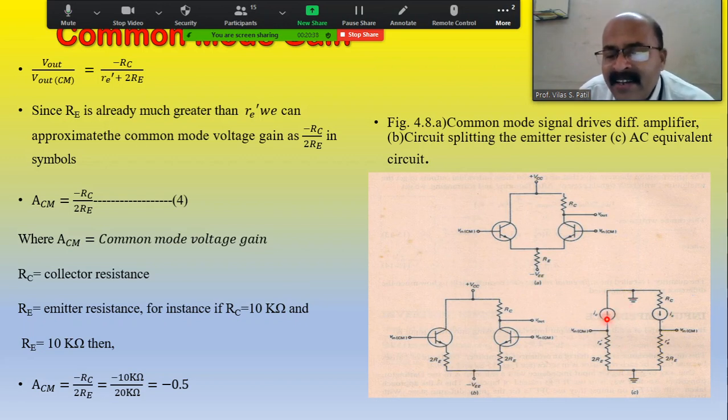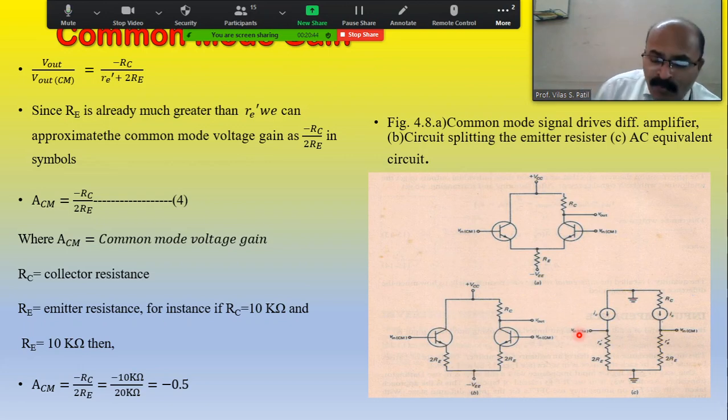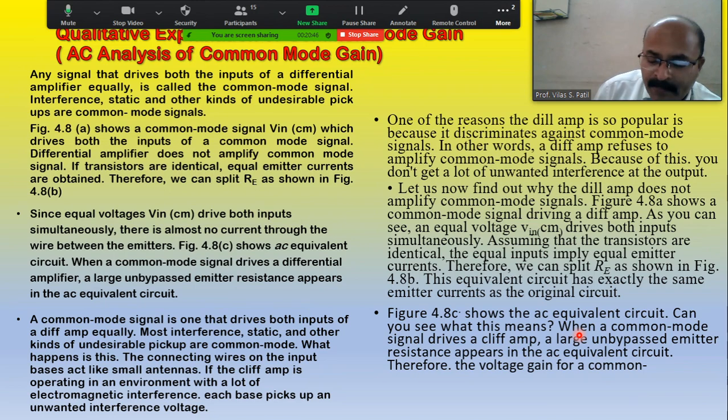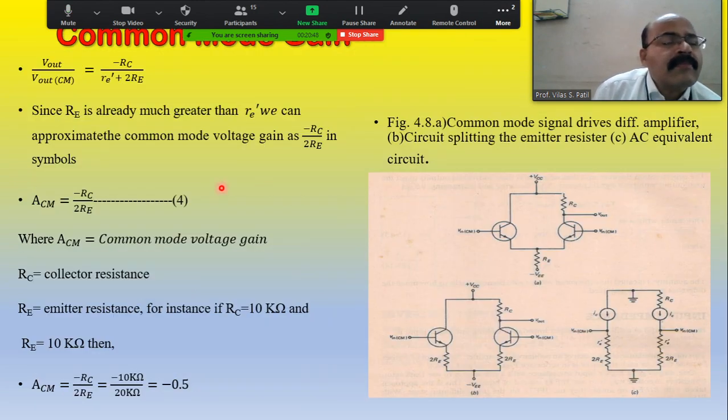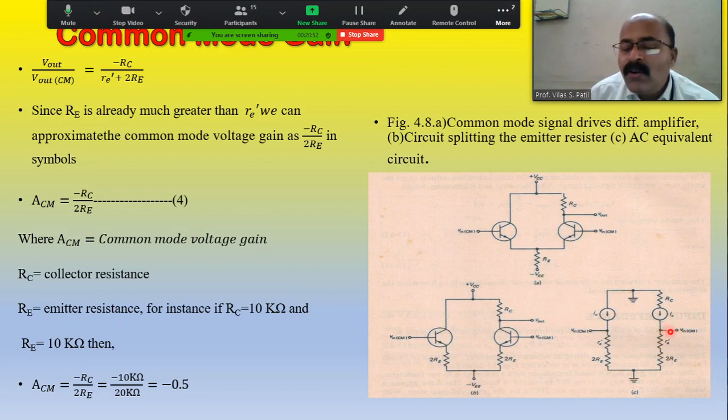Again, see that this is the collector current, this is the voltage, and if we apply V is equal to IR, see here, that is V out. Apply V is equal to IR, and see what we get.